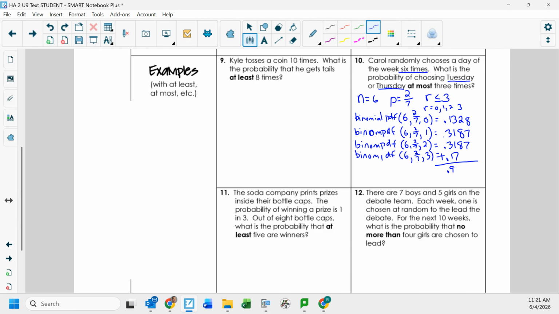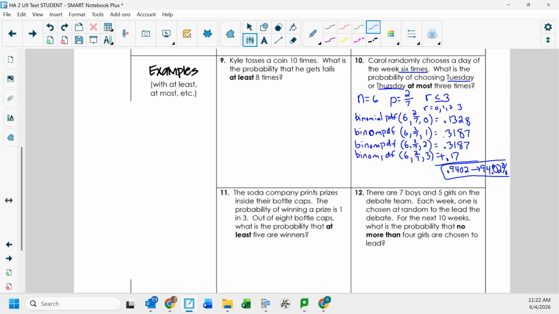So it would give us 0.9402. So a 94% chance that we are getting Tuesday or Thursday at most 3 times, meaning we get Tuesday or Thursday 0 times, 1 time, 2 times, or 3 times.